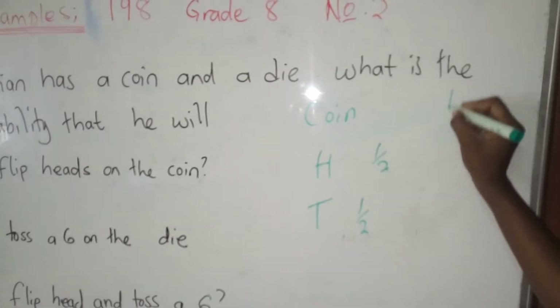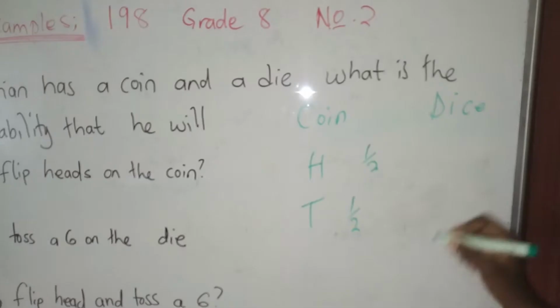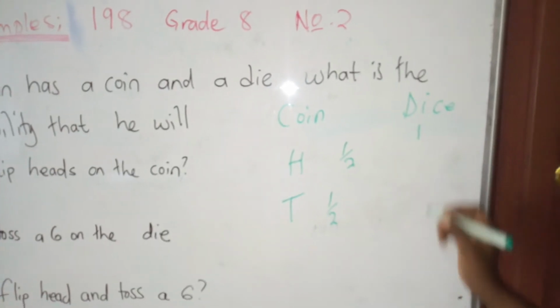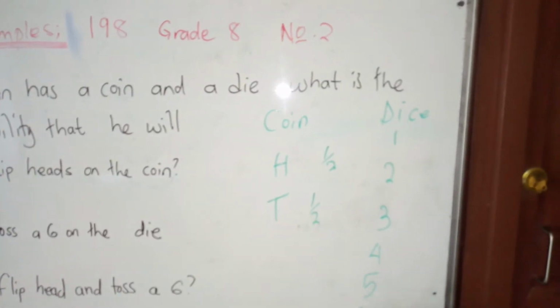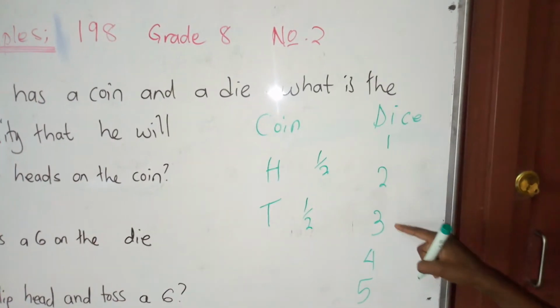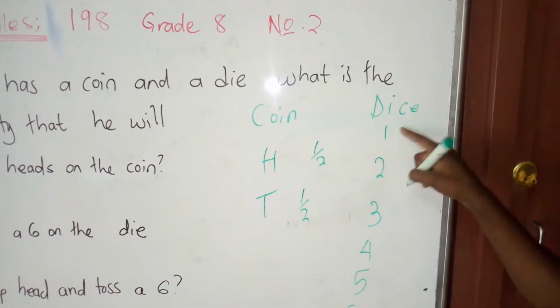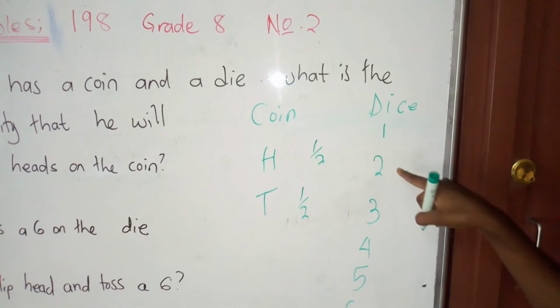Then if I look at a dice alone, I can either have 1, 2, 3, 4, 5, or 6. So we have 6 as the sample space. Any of them has got an equal chance to appear.